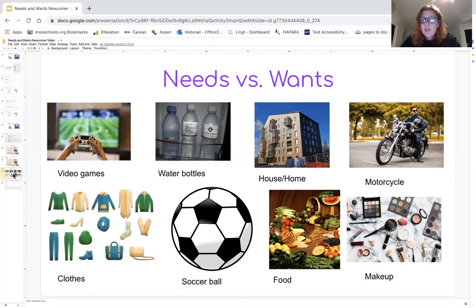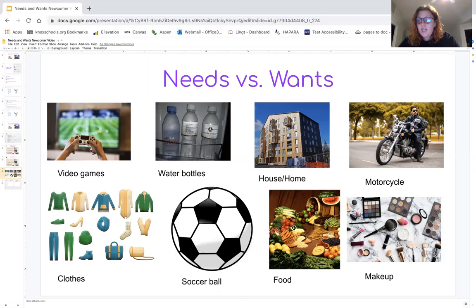Okay, so take a minute and write in the rest of your answers on your chart. Is a house, a home, or an apartment a need or a want? A motorcycle, is that a need or a want? Clothes are a need or a want? A soccer ball, a need or a want?